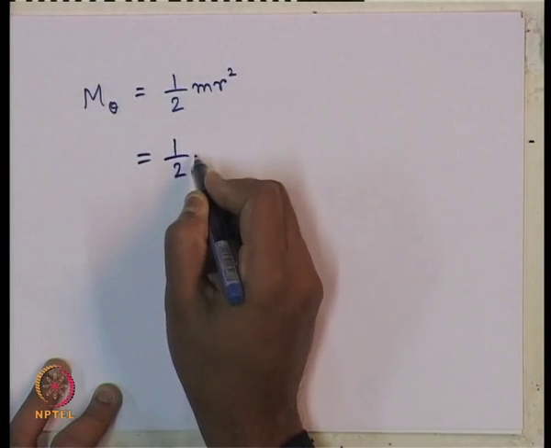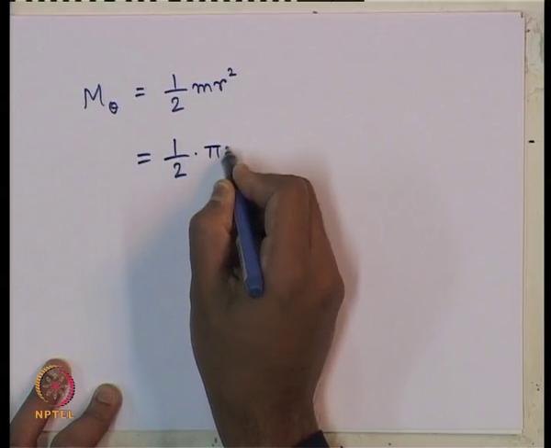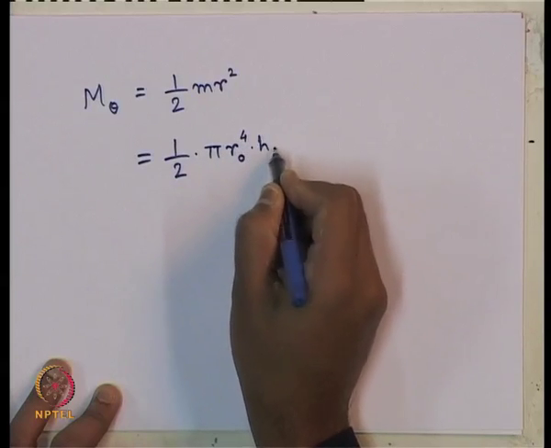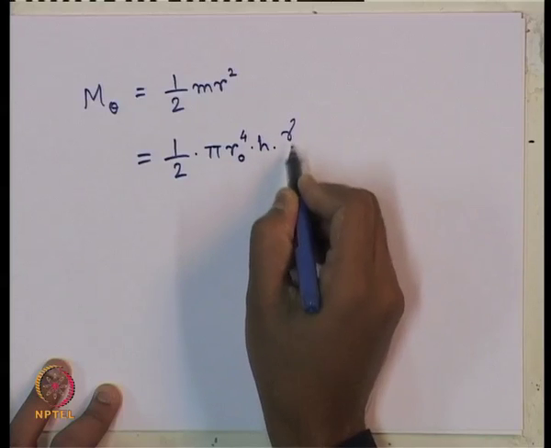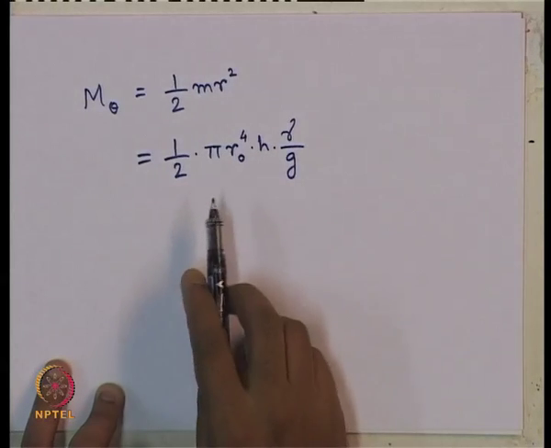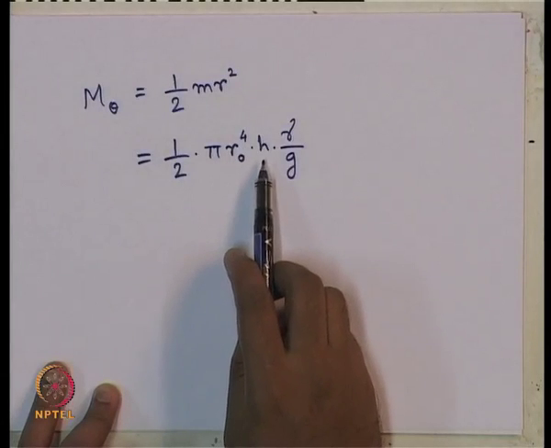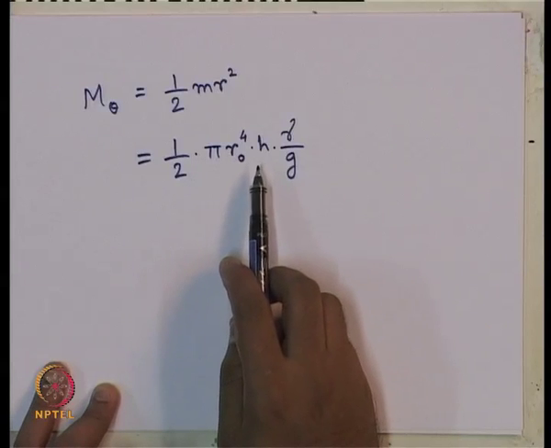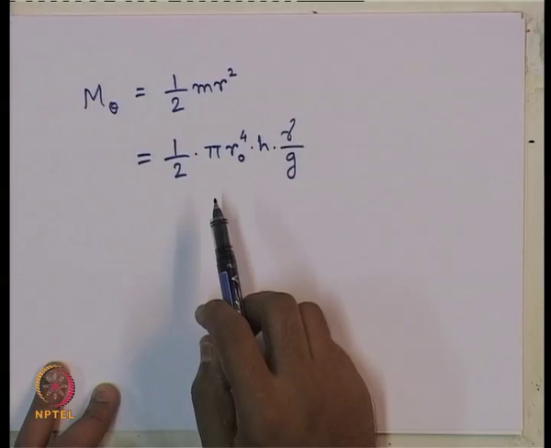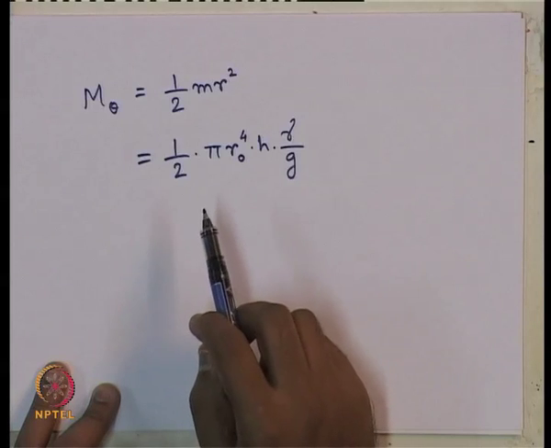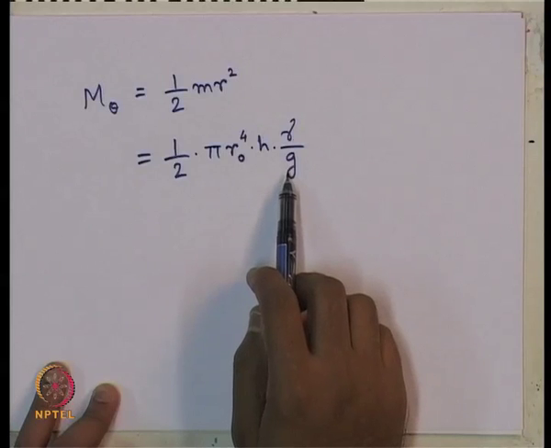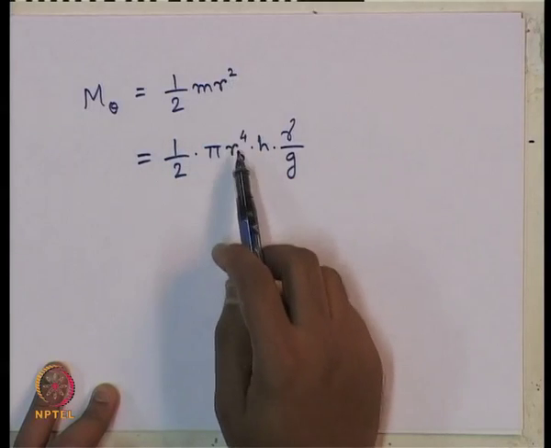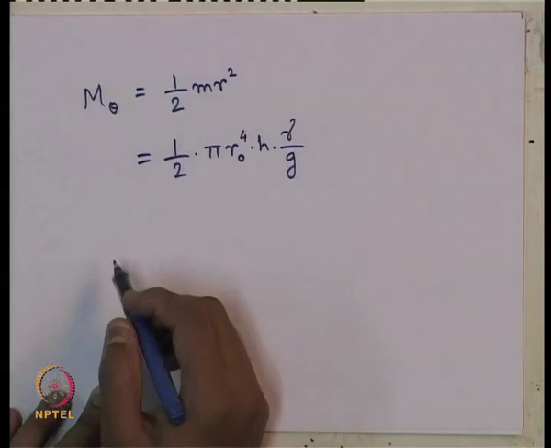So, half m will be pi r naught to the power 4 h gamma by g. M is how much? Pi r naught square h into rho. Am I right? Pi r naught square h is the volume of that circular foundation, times rho, the density, will give us the mass. So, that is why another r square is there, so r naught to the power 4.